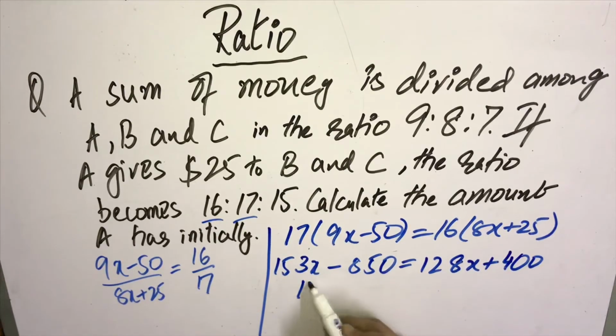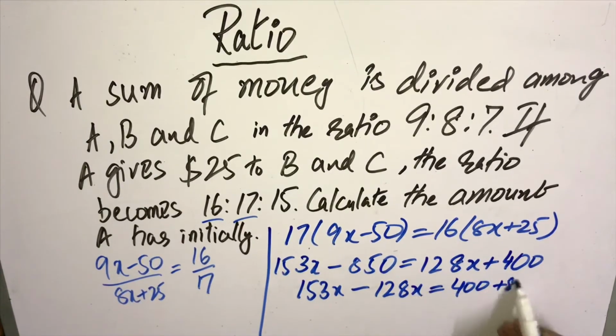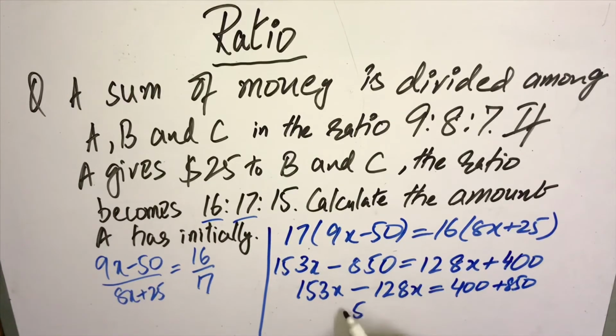Now I shall take both x's on one side. 128x will come to this side and it will be negative. 850 will go to the other side and it will become positive. I am solving a linear equation. 25x will be 1250 and the value of x will be 50.